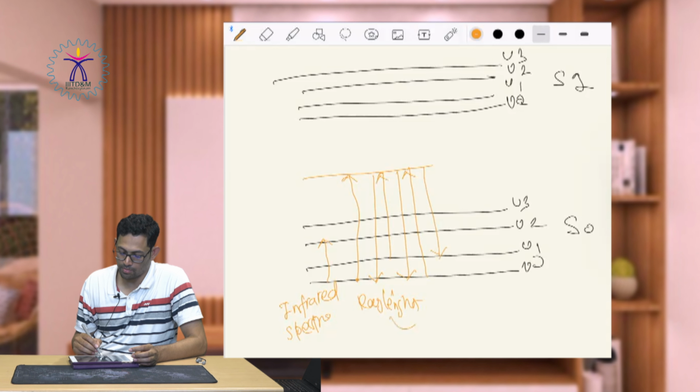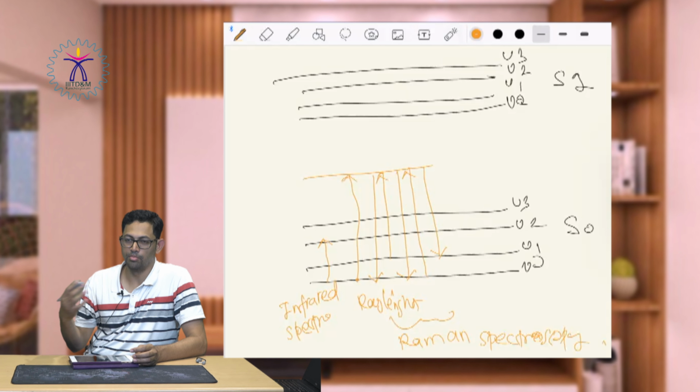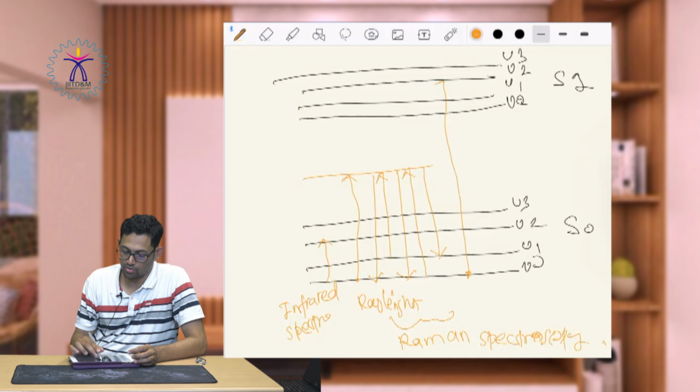Both of them are known as Raman spectroscopy. So either it makes a bigger jump, then it is Stokes shifted, or a smaller jump, then it is anti-Stokes shifted.